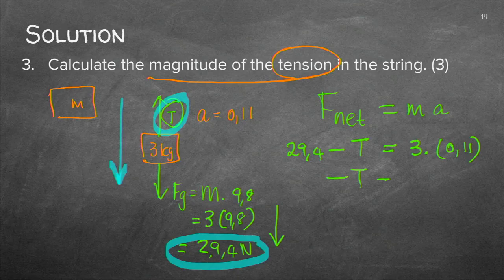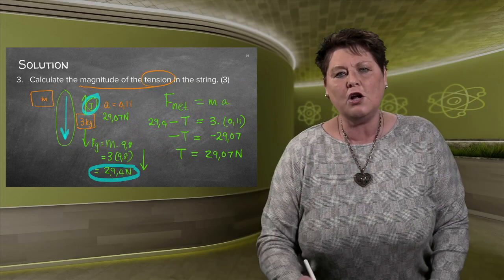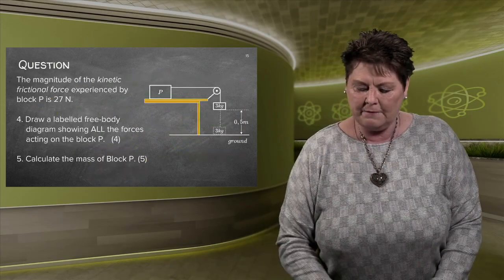Minus T is then minus 29.07, and T is thus 29.07. Quickly check if this makes sense. I've got an upward force of 29.07 and I've got a downward force of 29.4. Which way will it move? Exactly, it will move downward because the downward force is larger than the upward tension.